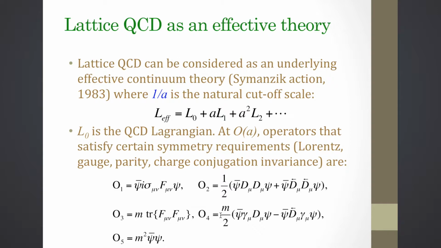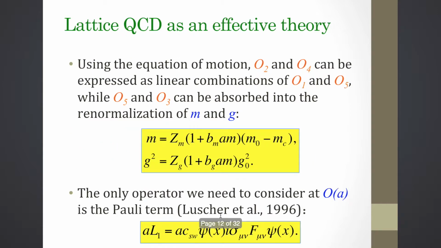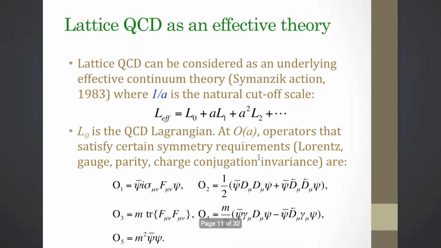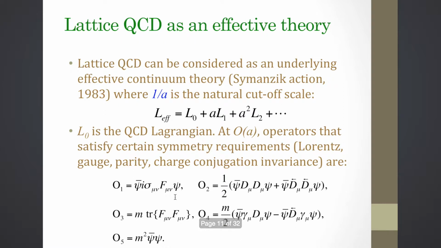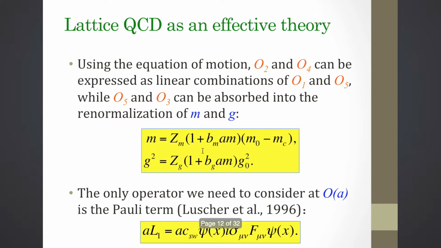But not all these operators are relevant for the ChiPT analysis. We can use the equations of motion to rewrite O2 and O4 in terms of O1 and O5. Meanwhile, O5 and O3 are proportional to the leading order Lagrangian, so their effects can be absorbed into the renormalization of the mass and the coupling of the theory.